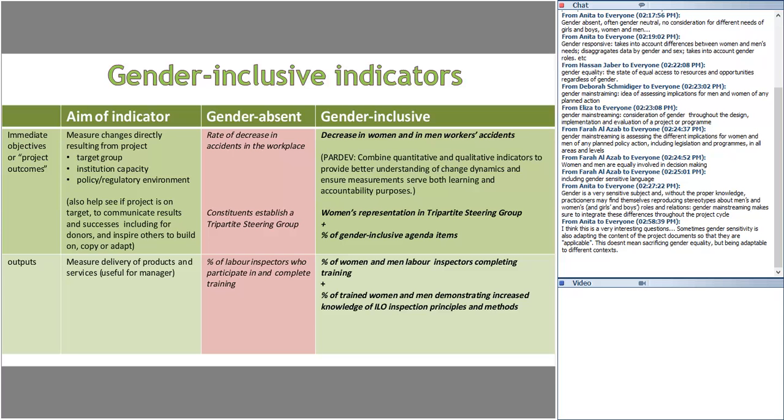So I have reworked that indicator, using no more, maybe even fewer words, and you can see my gender inclusive indicator next to it in the green: decrease in women and men workers' accidents.